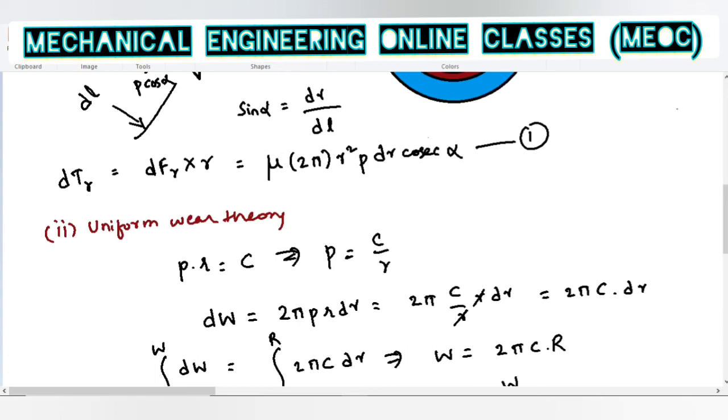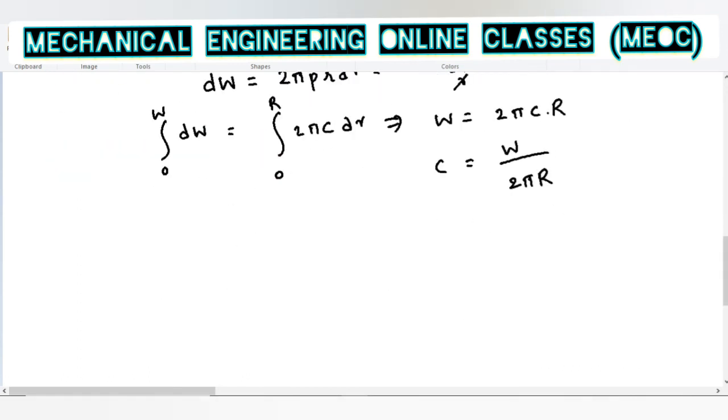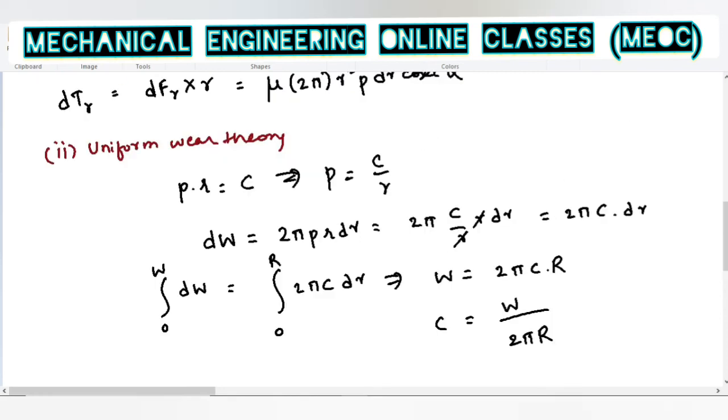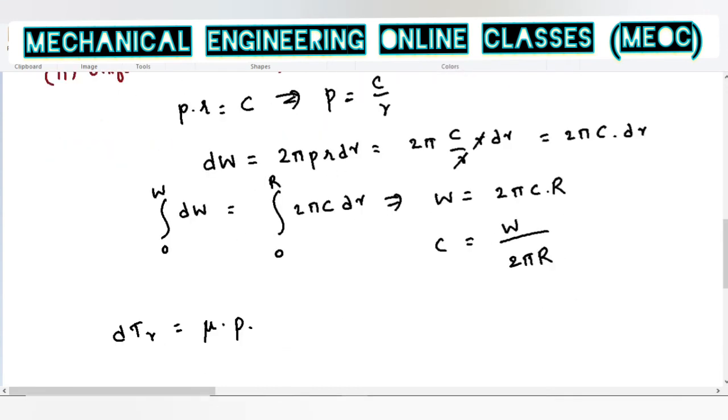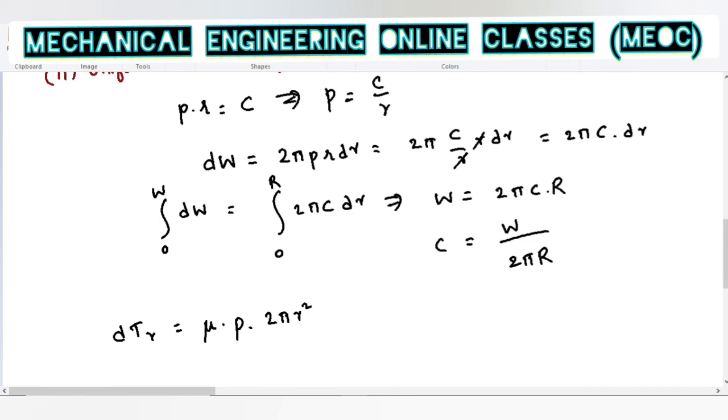Now consider equation 1, dTr is equal to mu into p into 2 pi r square into dr cosecant alpha.